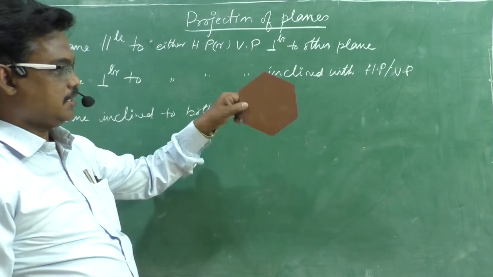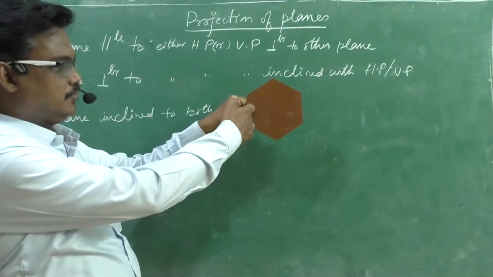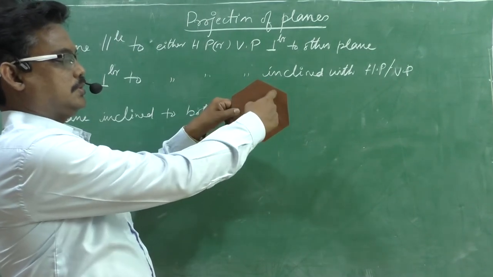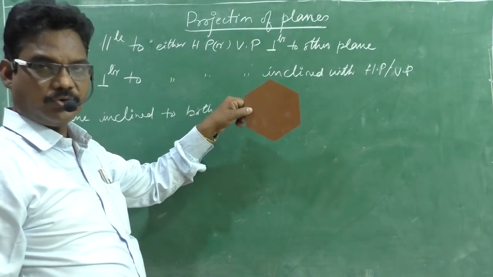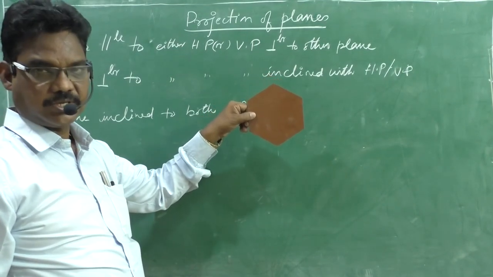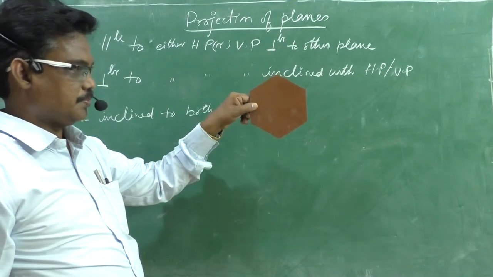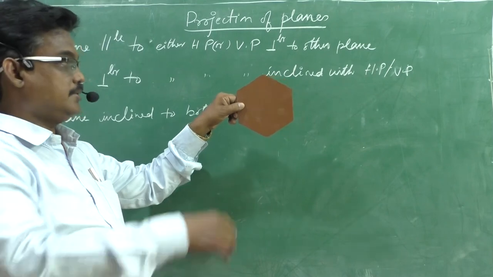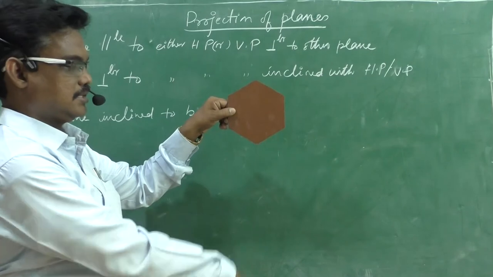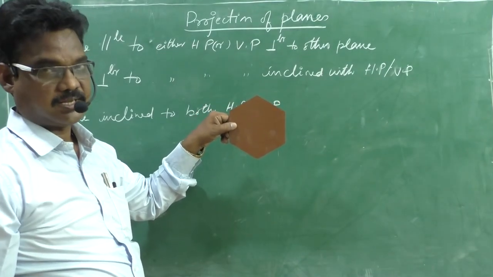Suppose the plane is parallel to VP. In the front view, we can see their true dimensions and true inclinations. Therefore, we need to draw front view first. Suppose the plane is parallel to VP, and for this, the top view obviously is a line which is parallel to reference line.